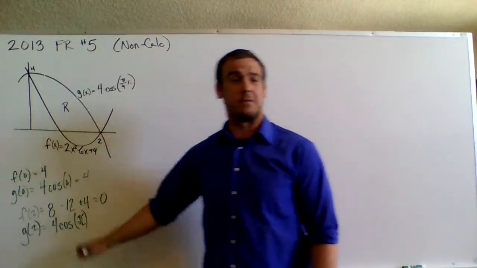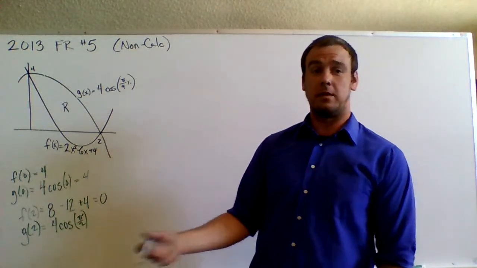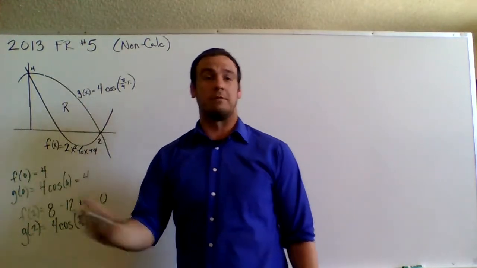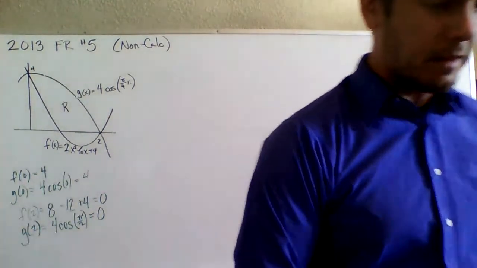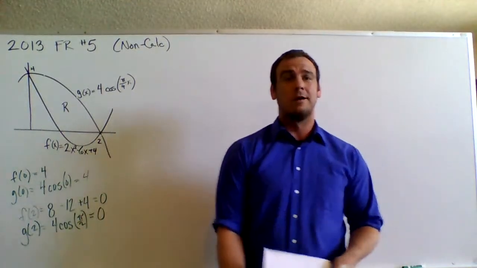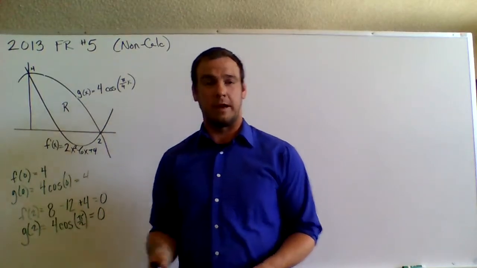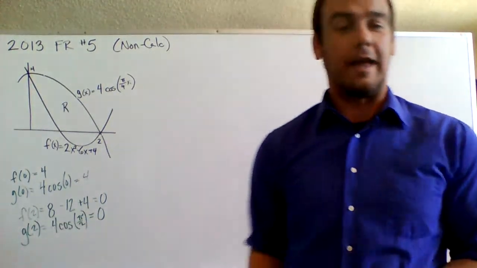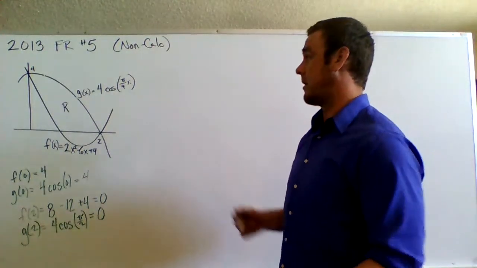Now our x value for cosine at pi over 2 is going to be 0. 4 times 0 is 0. So those are our points of intersection. Just be careful that you guys end up assuming that. On your exam, you're going to get to use a calculator, so you won't have to worry about that as much. For part A, we need to figure out the area of R.